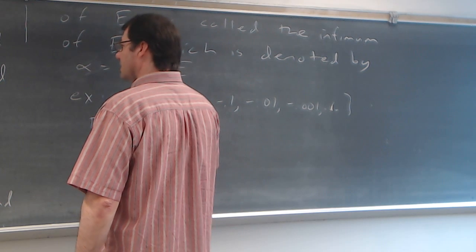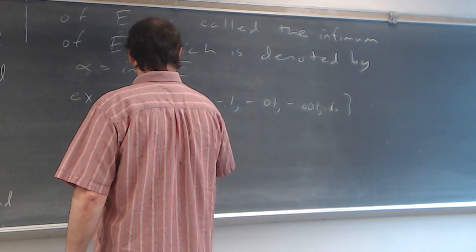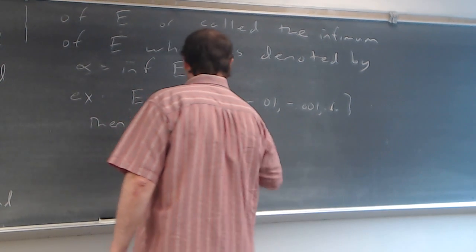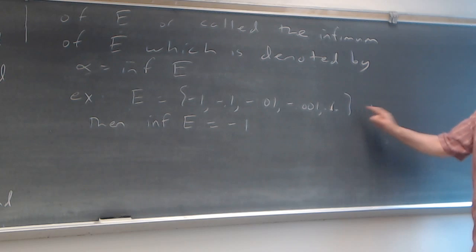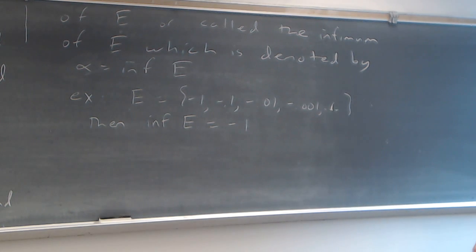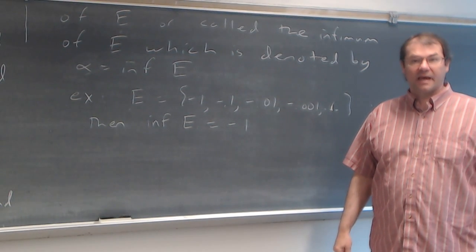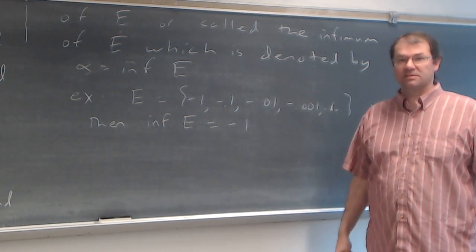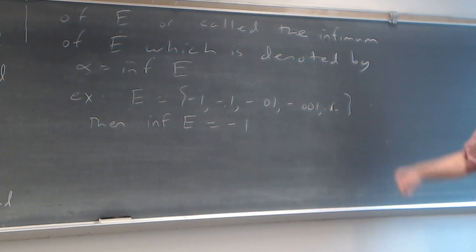And so here's what we have: the infimum of E is going to be equal to -1. You might remember the supremum was equal to 0 in this example. So look, the infimum happens to be in this set. It doesn't have to be in this set, but it is in this case. But the infimum may not be in this set sometimes, just like the supremum in this example was not in this set.